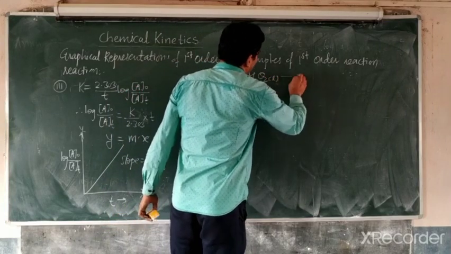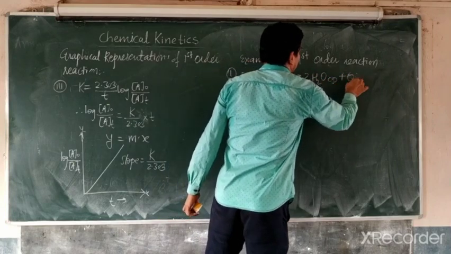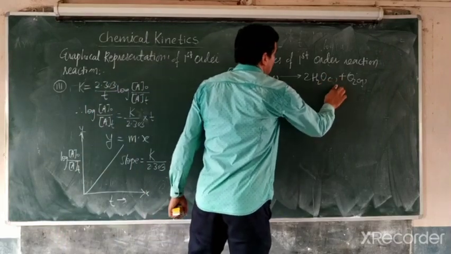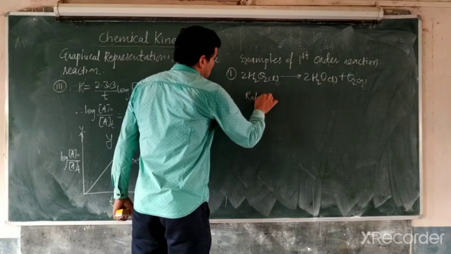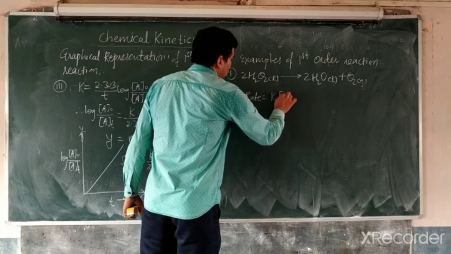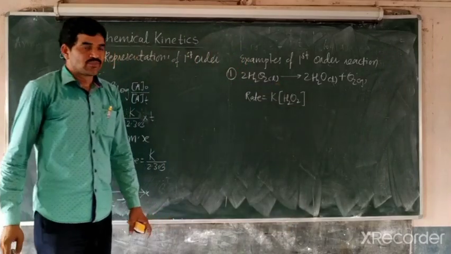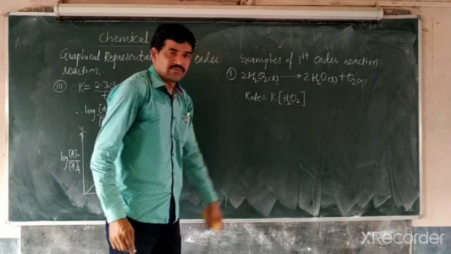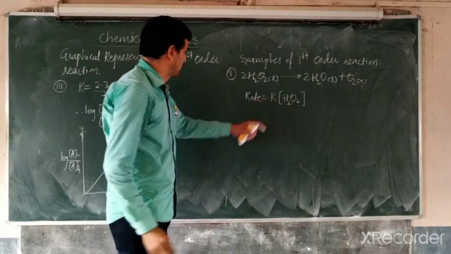Hydrogen peroxide liquid decomposes to form water and oxygen gas. Water is a liquid and oxygen is a gas. The experimental rate of the reaction is found to be rate equal to K into molar concentration of H2O2. This concentration term of H2O2 is raised to the power 1, and therefore the reaction is first order. Order of reaction is 1.